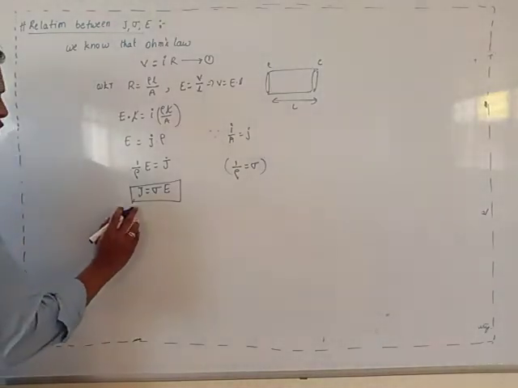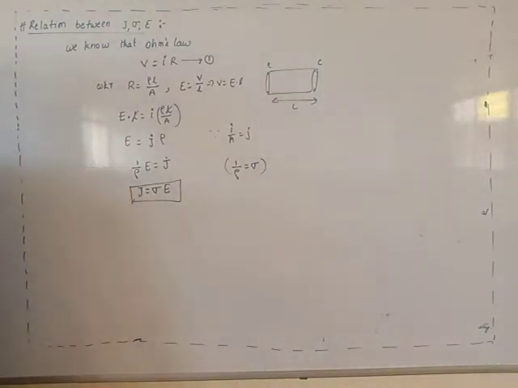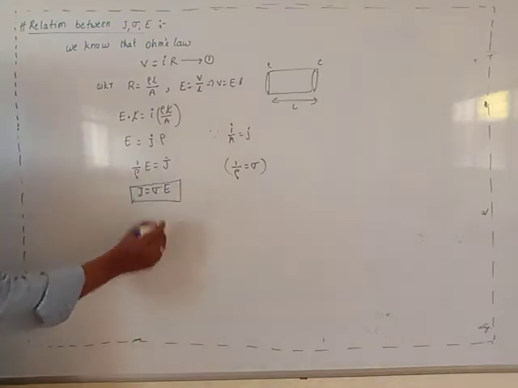Now listen, what do you mean by J? J is nothing but current density, which is a vector quantity, and E is nothing but electric field, which is a vector quantity.